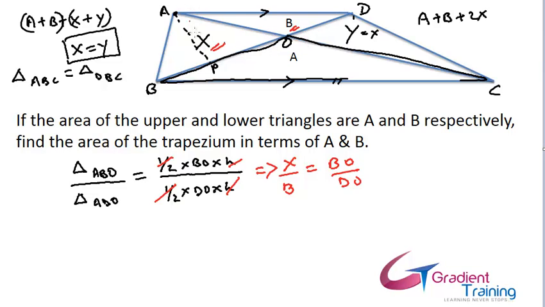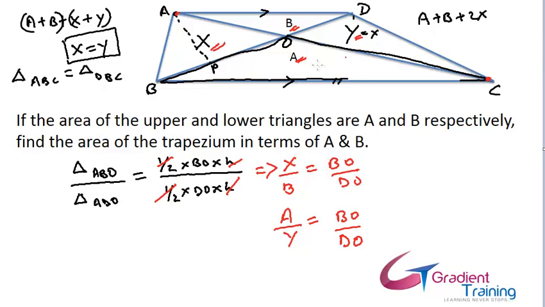We can do it only because these two triangles lie on the same base and they have a common vertex, and therefore the heights of these two triangles are equal. Now on the other side of this diagonal BD, we have two areas that are A and Y. And A divided by Y will again be equal to BO divided by DO, because these two triangles with areas A and Y also lie on the same base, and these two triangles also have a common vertex C, and therefore their heights are also equal.